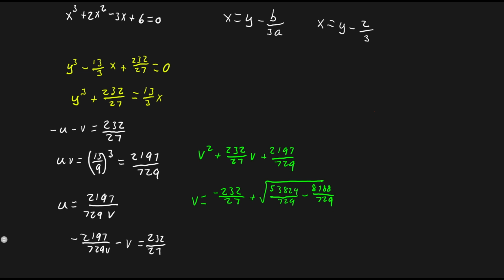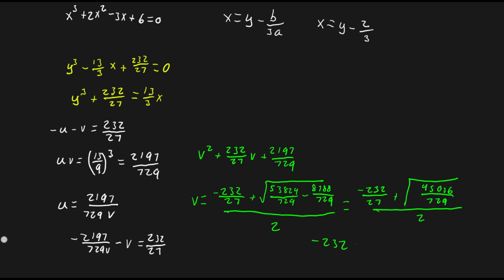So now we just add that and we will get that it is equal to negative 232 divided by 27 plus the square root of 45,036 divided by 729 over 2, where it will give us negative 232 plus the square root of 45,036 divided by 54. And we can find what y is now.